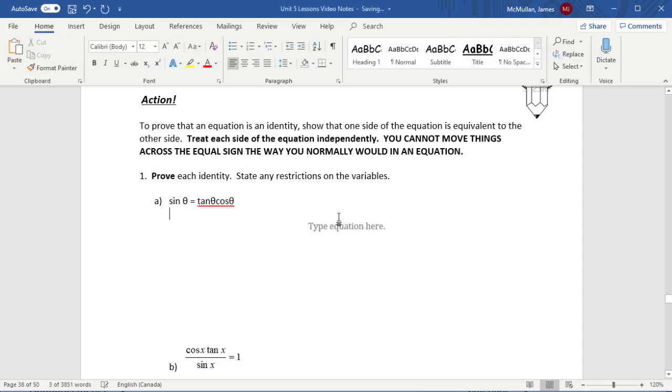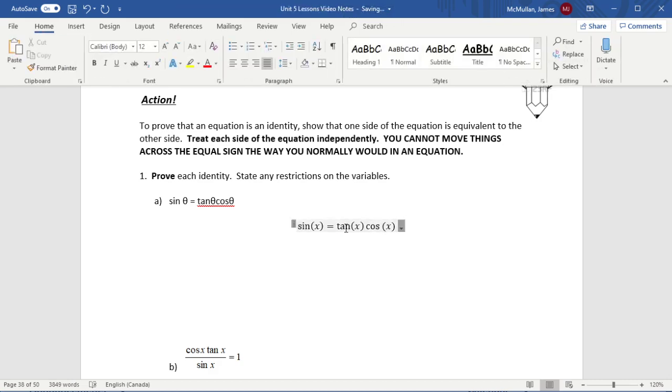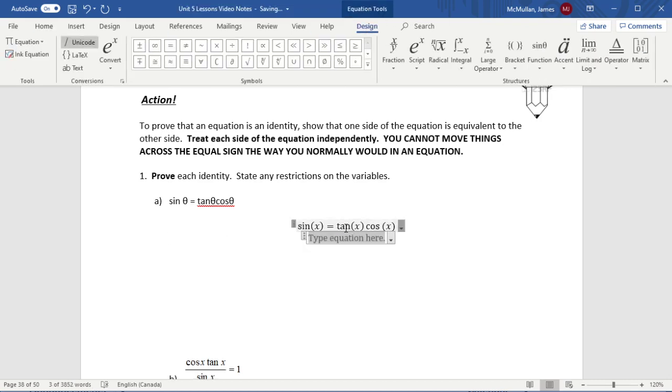If this were an equation, one thing you might think of doing here, and again, I'm just going to replace it with x to make it a little easier to write, is divide both sides by cos.